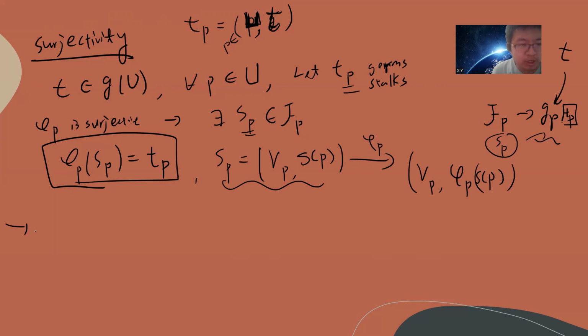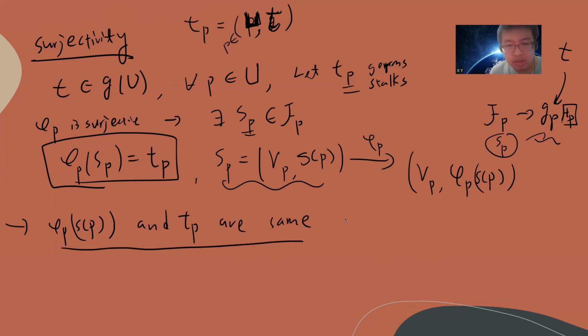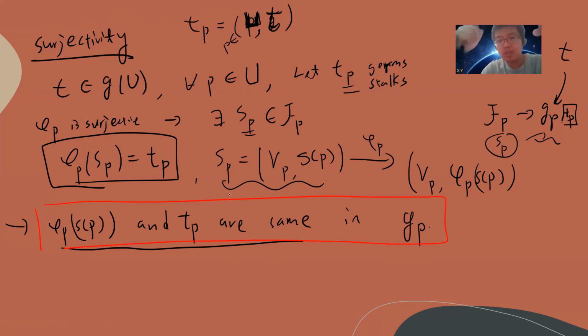So this tells me that phi_P(S_P) and T_P are the same in G_P, just by definition. Let me just highlight this. So this means they should be the same at smaller open sets.